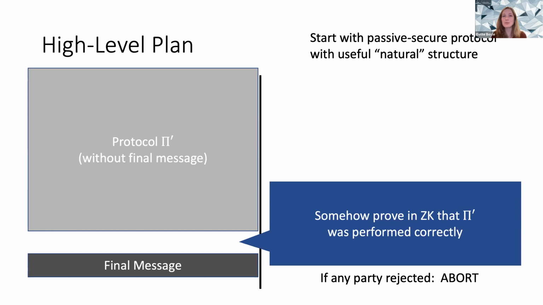Okay, so not everything I'm talking about, some of the results also give you guaranteed output delivery, but let me just focus on security with abort. Okay, so this is the high level plan, and I want to give you two high level types or compiler frameworks.